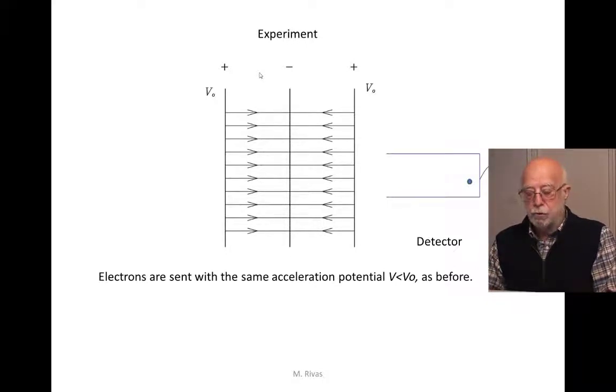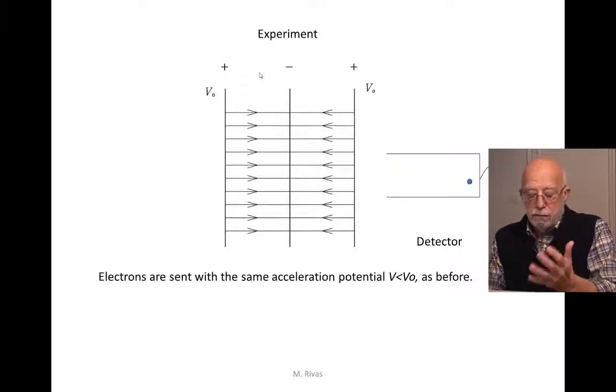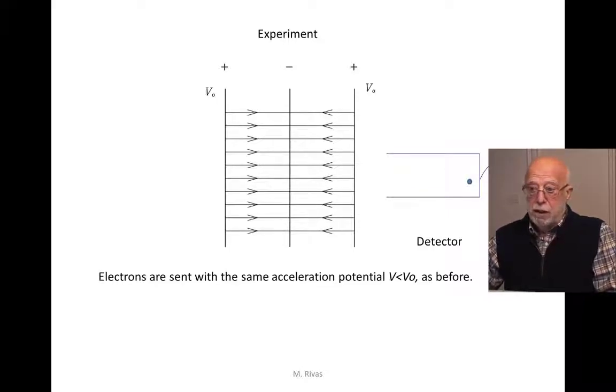Not all electrons cross the barrier, but quantum mechanics predicts how many electrons can cross, the average number of electrons that can cross this barrier. But the inconsistency is that this experiment is performed with real electrons, which are spinning electrons.